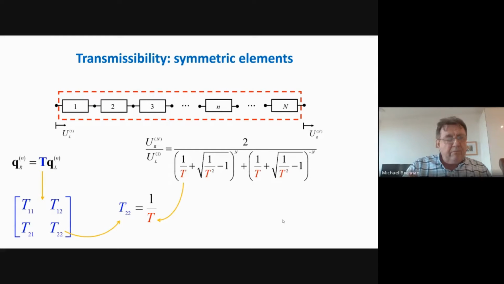And further to that, if you can just focus on a single element, then experimental work becomes much easier as well, because you only need to look at a single element in the lab, and it's very easy to measure the transmissibility just using an impact hammer or a shaker and 2 accelerometers.